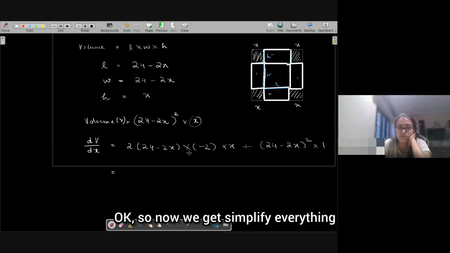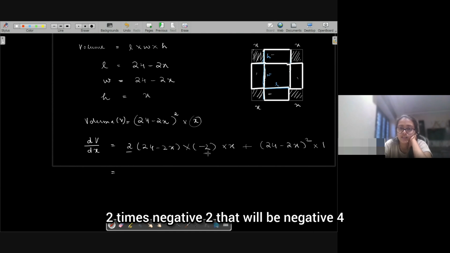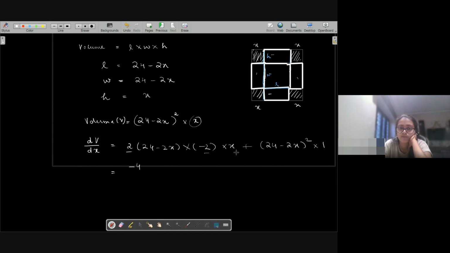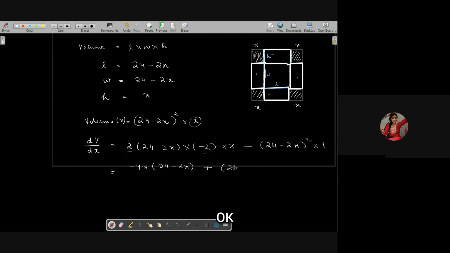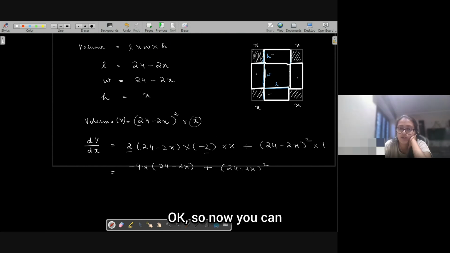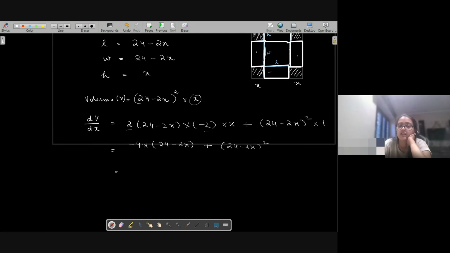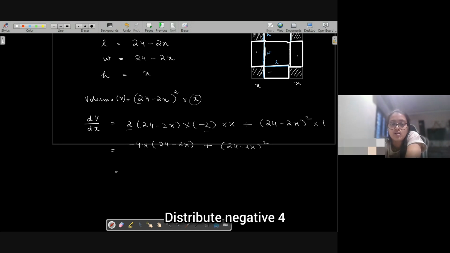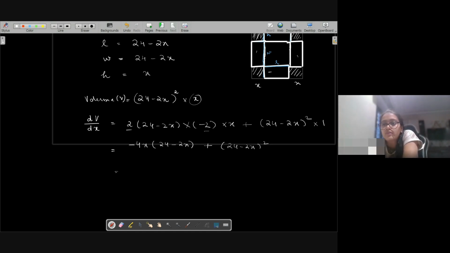Now we can simplify everything. 2 times negative 2 is negative 4x, so negative 4x times 24 minus 2x, plus 24 minus 2x whole squared. Distribute: negative 4 times 24 is negative 96x, plus 8x squared.